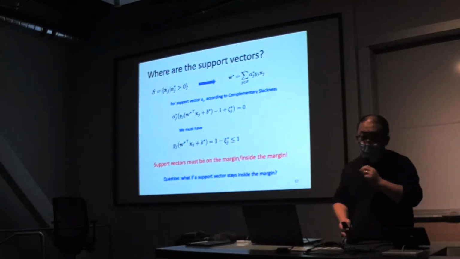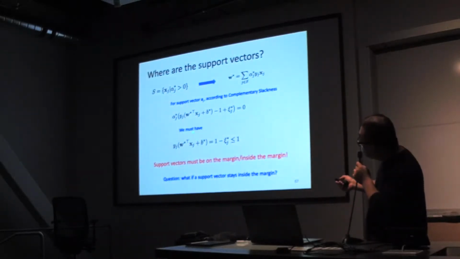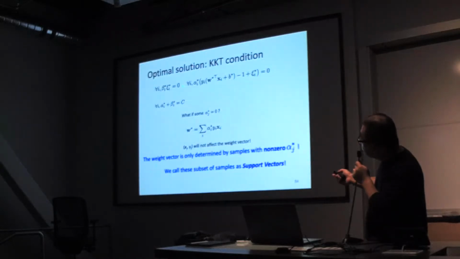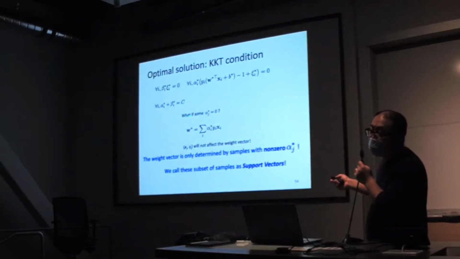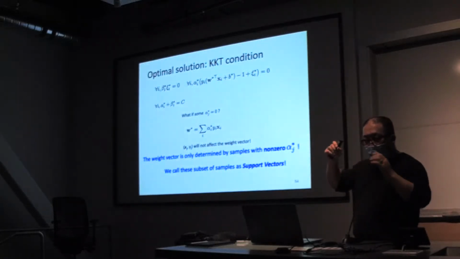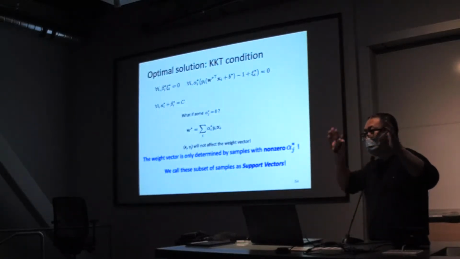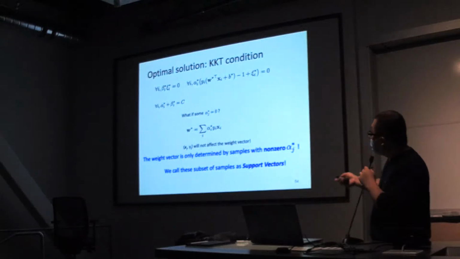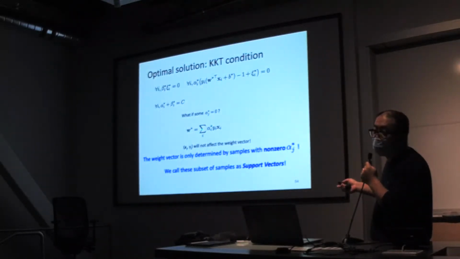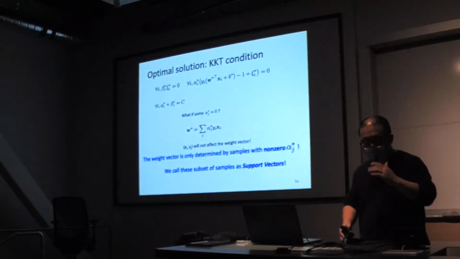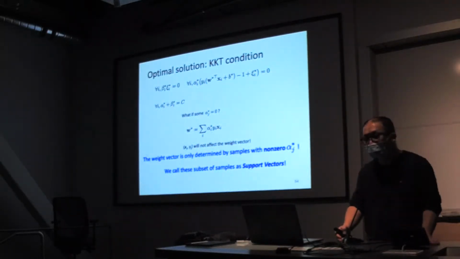I can tell you the result is alpha i star will be big C. Remember, alpha i star is bounded by C. So that means if the support vector really breaks into the margin, not right on the margin, the weight of that support vector will be the maximum value. In other words, it's going to have the maximum influence on the position of the separating hyperplane.